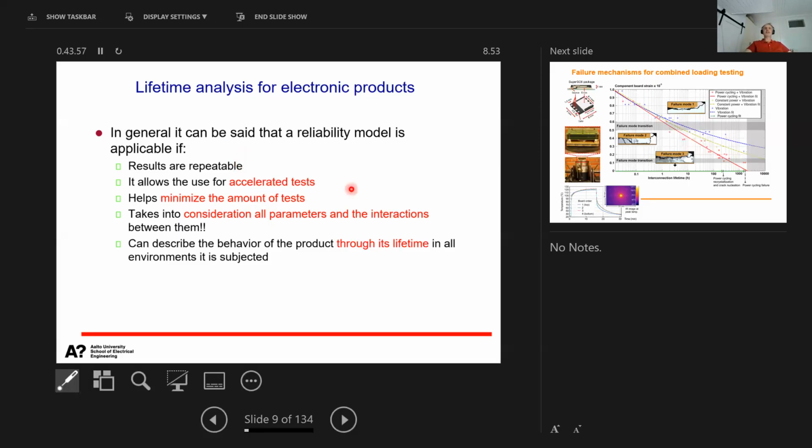And if it does that, then it also maybe helps in the next bullet, which is to minimize the amount of tests.